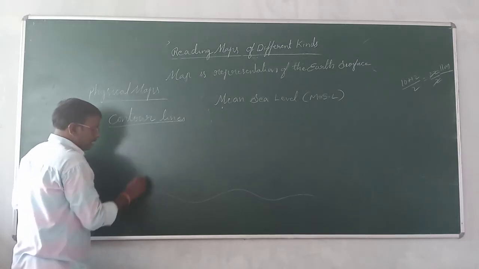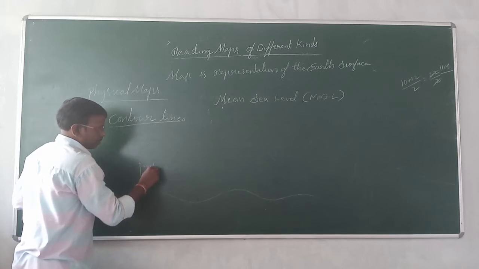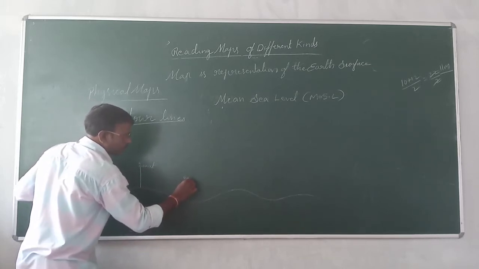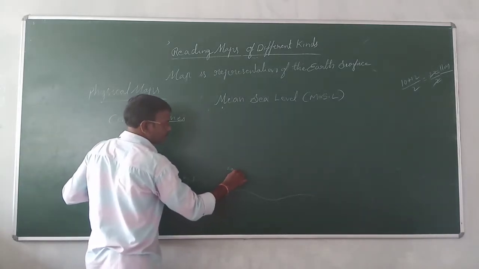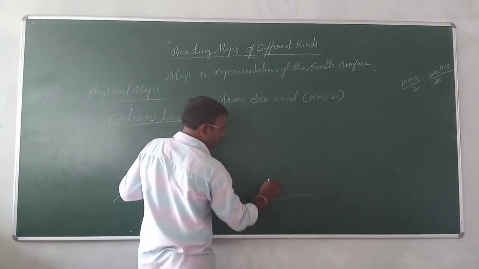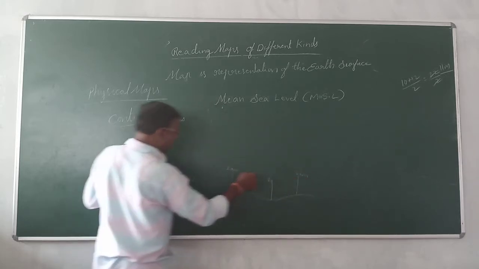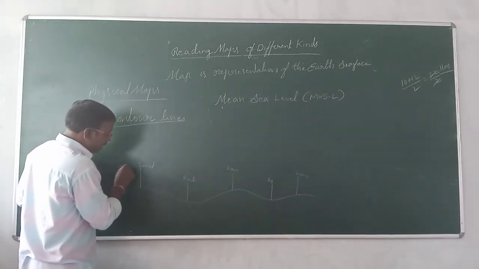How? With equal heights. Suppose up to here is 20 meters. Here in the lowland area, 20 meters will come up to here. In this high area, 20 meters comes up to here. It is a low area, 20 meters comes up to here. It is a high area, 20 meters comes up here. So these are all equal heights.